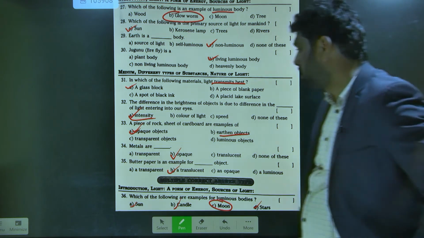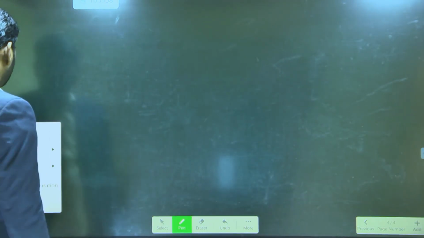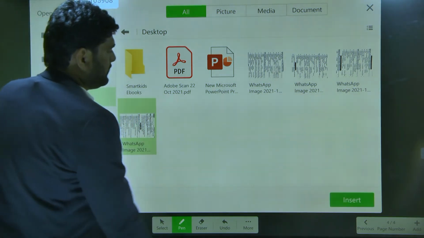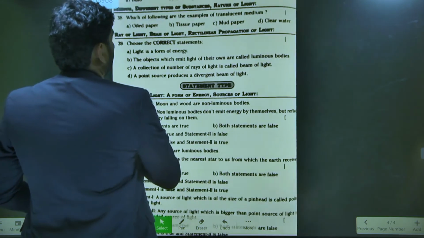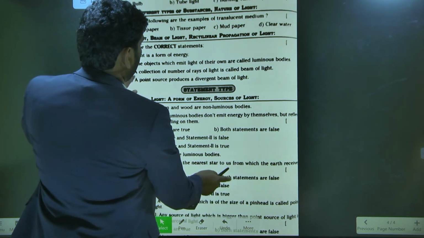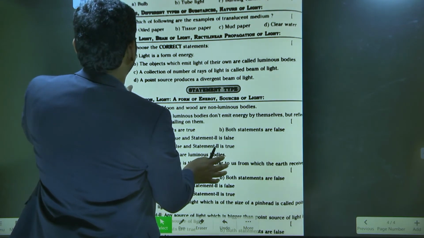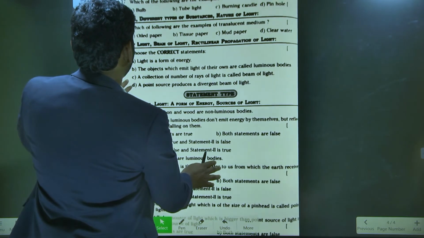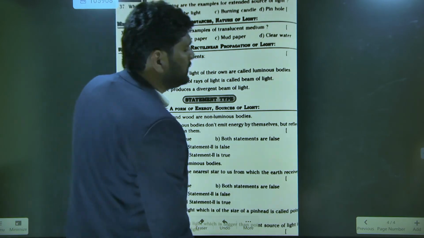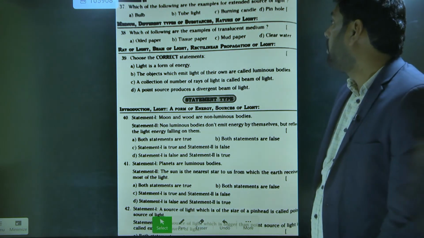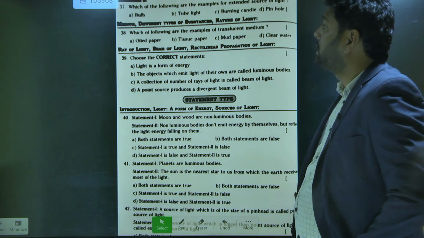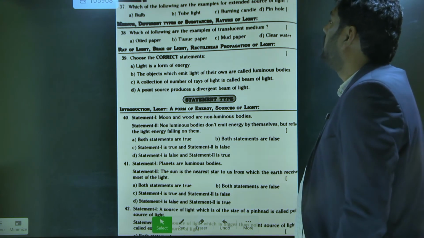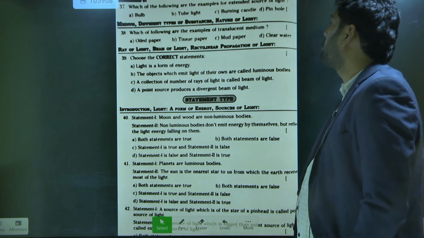Understand? Next, let's share one more slide for you. Here is the question, number 37: which of the following are examples of extended sources of light?